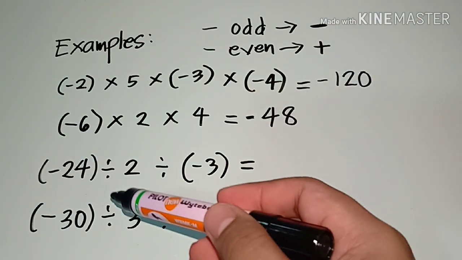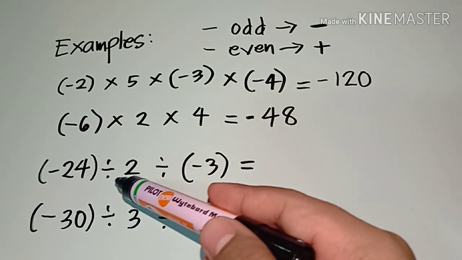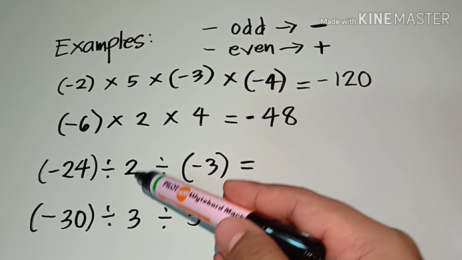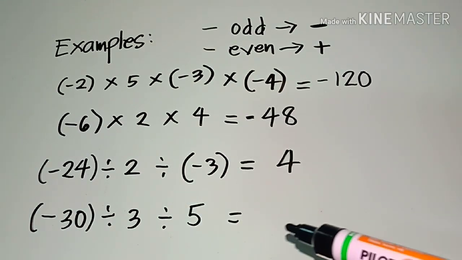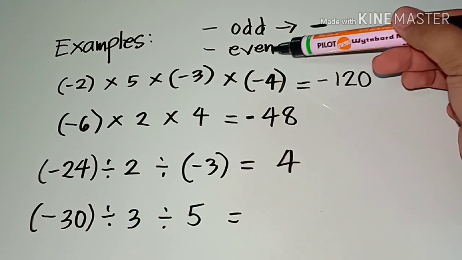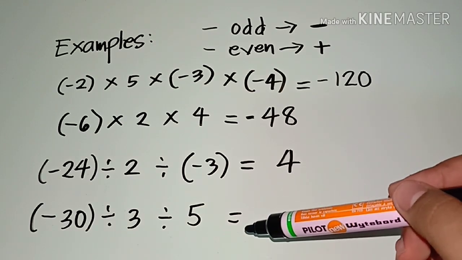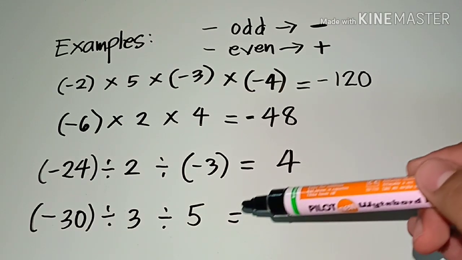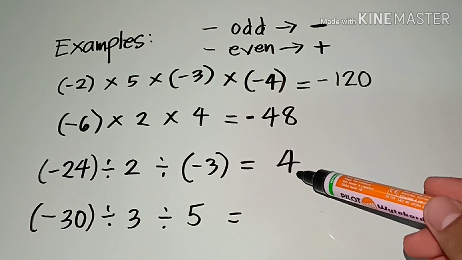Then let's proceed to division. So we have negative 24 divided by 2 is 12, divided by 3 is 4. Then let's count the number of negative numbers. 1, 2, so that's an even number, so that means that's positive 4. Negative 24, rather, divided by 2 divided by negative 3, will give you a positive 4 answer.